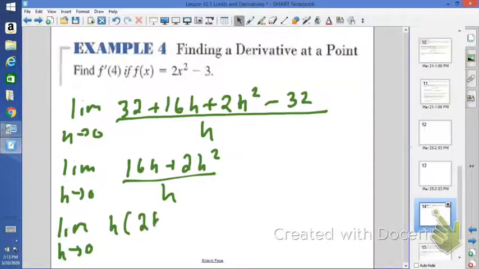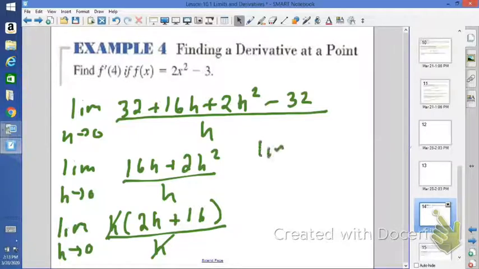That'll leave us with 2h plus 16 over h. And now we can cancel that h out. So we're left with the limit as h approaches 0 of 2h plus 16.